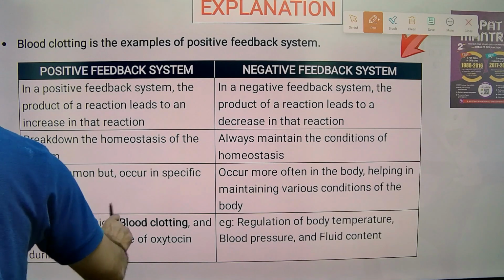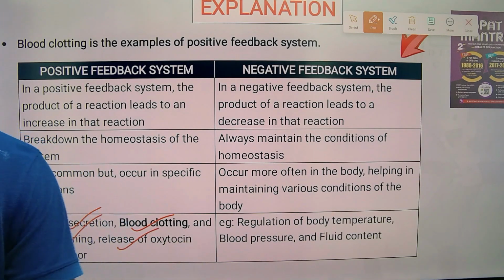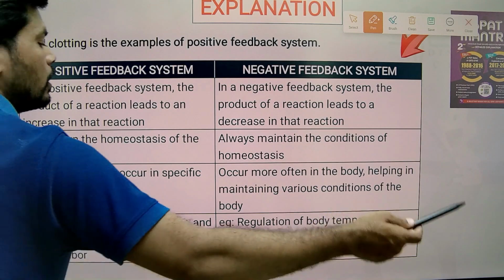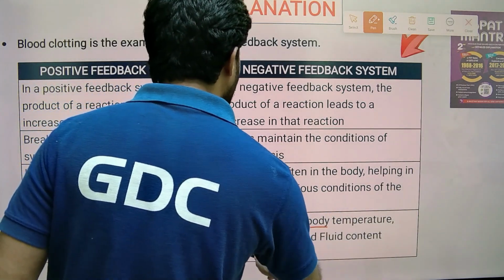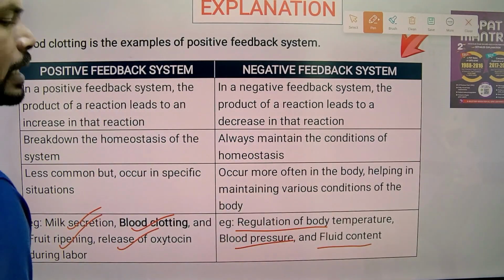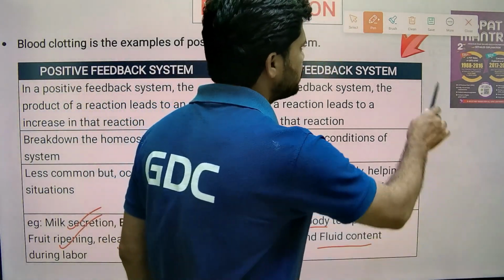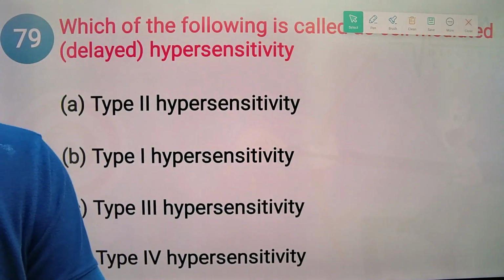Positive feedback mechanisms include milk secretion, blood clotting, fruit ripening, and release of oxytocin during labor for promoting baby delivery. Negative feedback includes regulation of body temperature, blood pressure, as well as fluid content. Okay, next.